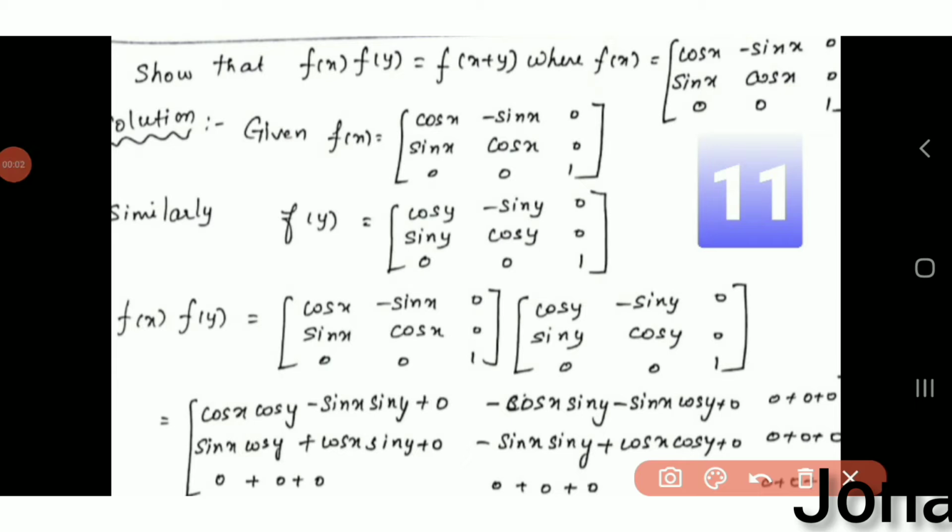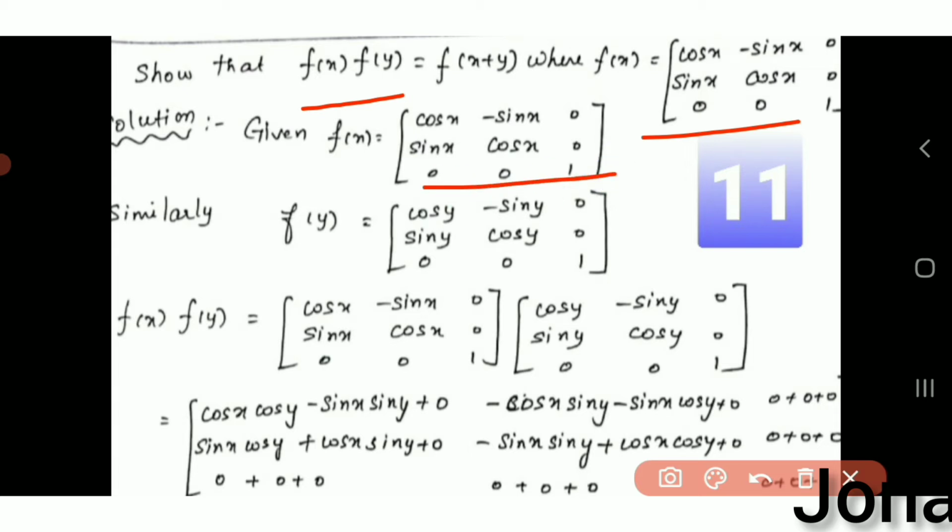11th sum. Show that f of x into f of y equal to f of x plus y, where f of x is [cos x, -sin x, 0; sin x, cos x, 0; 0, 0, 1]. So here f of x is given.